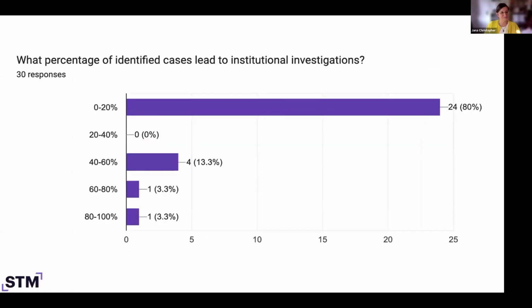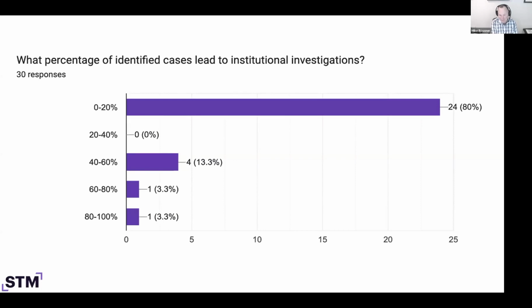So when I look at a slide like this, it's the upstream questions that I would be interested in from the publishers. First, what's the policy for reporting? How do you decide something's bad enough to report? And then the number that's actually reported. So, this is the number that's leading to institutional investigations.